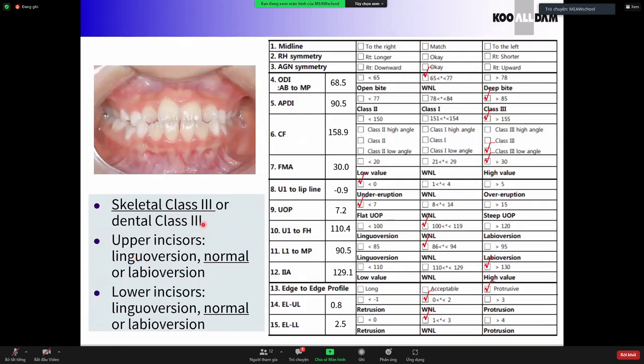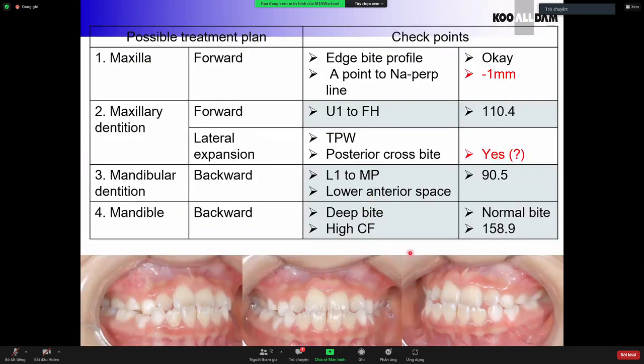This patient has skeletal class 3 malocclusion and normal angulation of the upper incisors and normal angulation of the lower incisor. The perpendicular is -1 millimeter. And we can see there is a posterior crossbite in this area. The other values are almost normal.